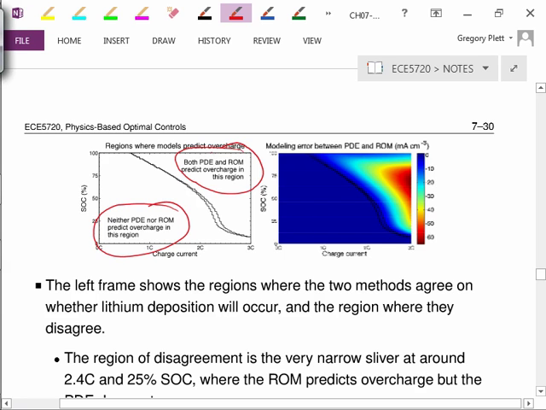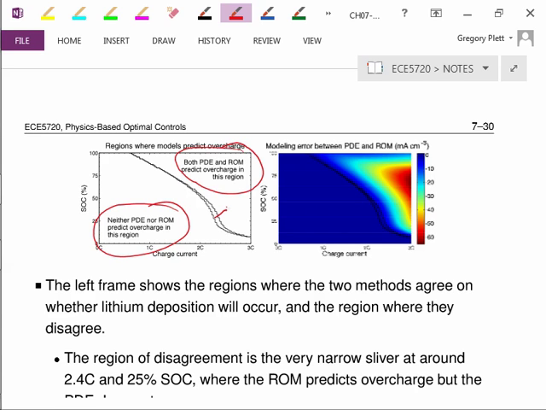And in the middle region, there's a disagreement, and the ROM predicts overcharge, but the PDE does not. So in this case, the reduced order model is being a little bit more conservative in that it's predicting overcharge whenever the PDE model predicts overcharge, and some other times as well.